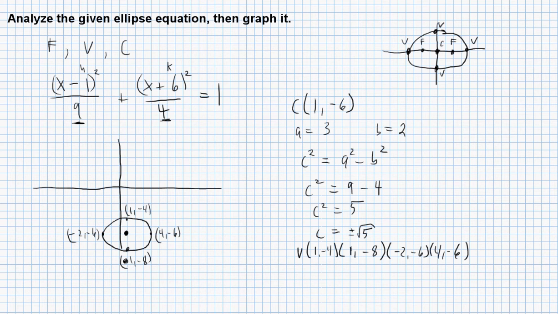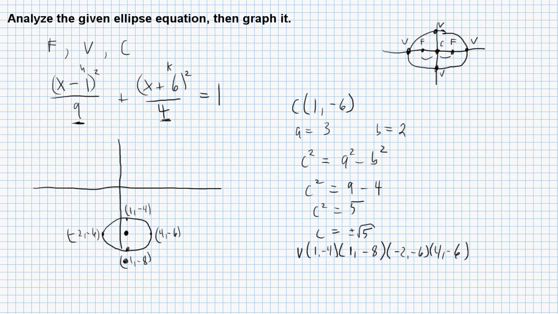Okay, so let's see what's left. Oh yes, the focal points. Well, we know the focal distance is radical 5, and we know that it's a horizontally oriented ellipse. That means the focal points are to the right and to the left of the center. But how much?